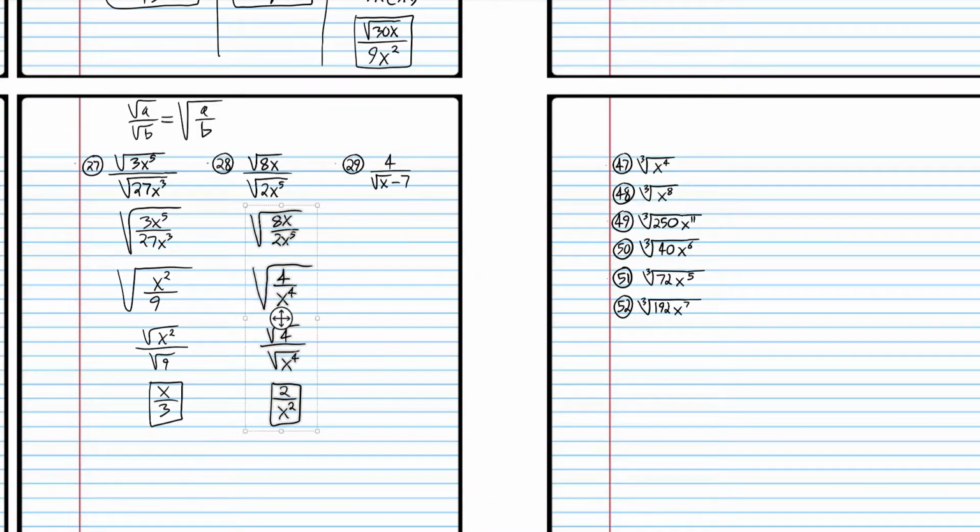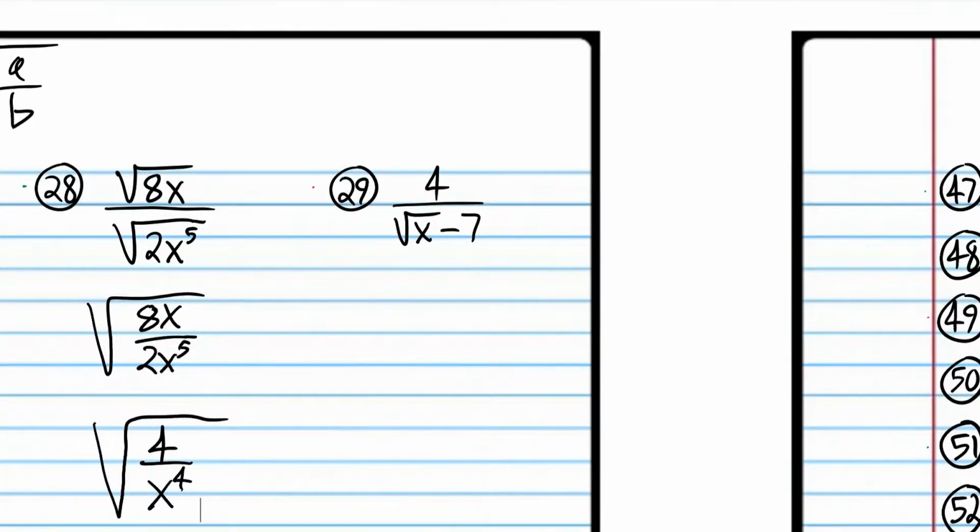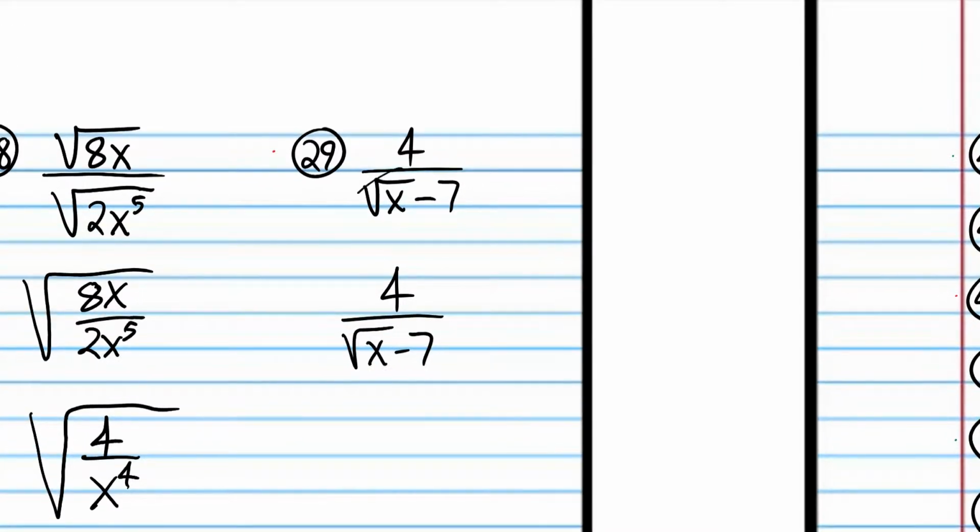So the last problems that we're going to do are problems where you're going to have to rationalize a two-term denominator with a variable. And this is not going to be any more difficult really than the problems that we did at the beginning of the class. So you want to get rid of that root, but it's a two-term denominator. So same situation, you're just going to multiply by root x plus 7.